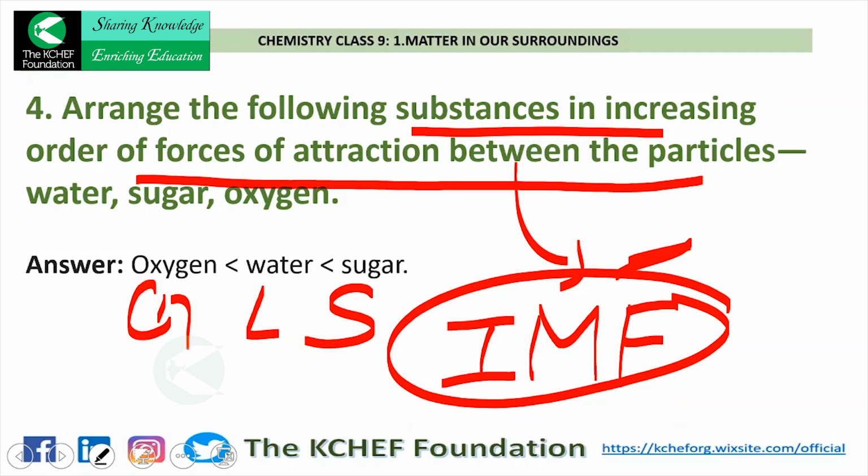If you refer to that table, if you have notes, you can answer it very easily. Intermolecular force of attraction is the maximum in solid, least in gas, and medium in liquid. So increasing order of intermolecular force of attraction will be gas, liquid and solid. That means oxygen, water and sugar.